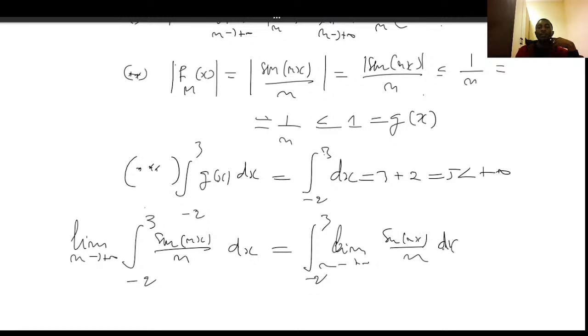But we computed this, we found that it was 0. So we have the integral of 0 dx, which is 0.